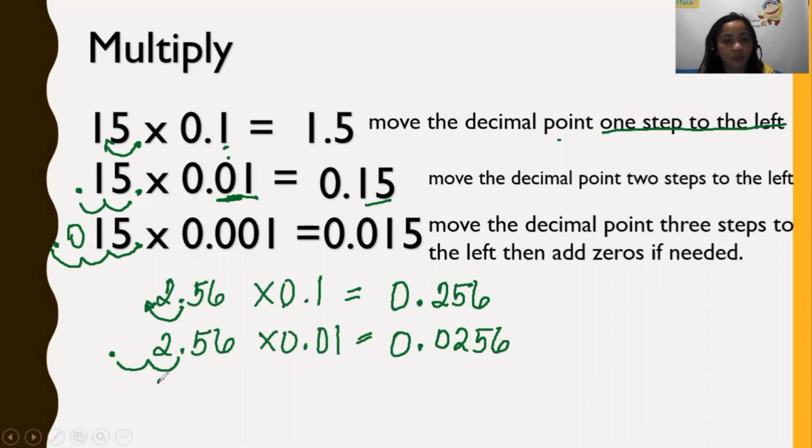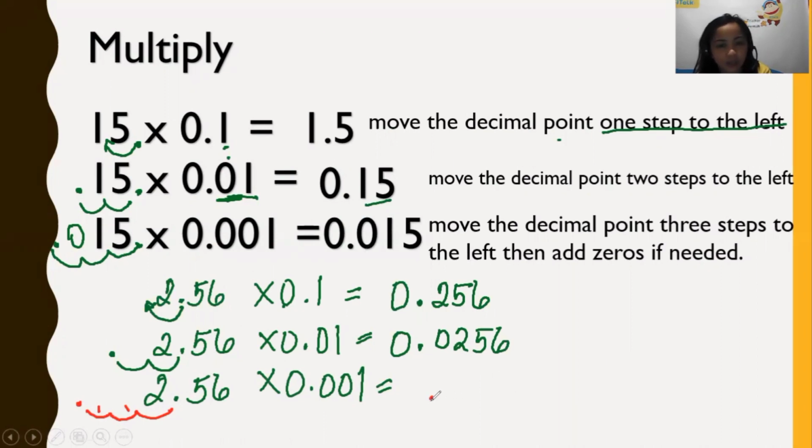So, another example, we have 2 and 5600ths times 1,000ths. So, we have 3 places. Palitan ko nga yung kulay nito. 1, 2, 3. Nakita nyo, may bakante dito. 1, 2. Lagay nga natin yung decimal point. 1, 2, 5, 6.